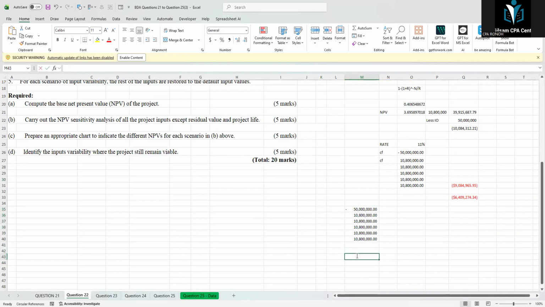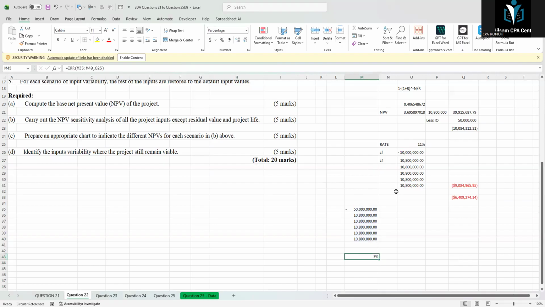I just need to say equals IRR, and then our values are these ones, comma, then guess is the rate, and then you enter. So it will give you the IRR.